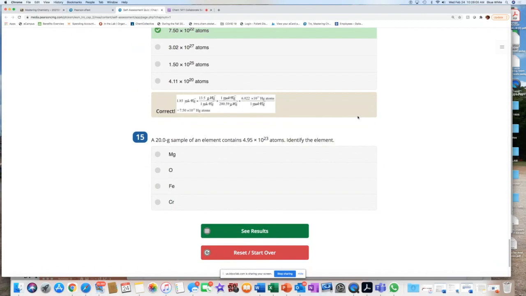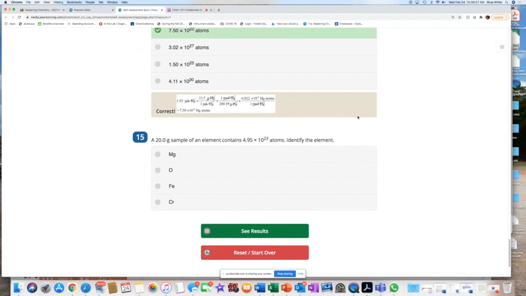Number 15. A 20.0 gram sample of an element contains 4.955 times 10 to the power 23 atoms.